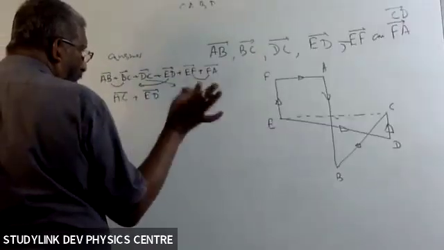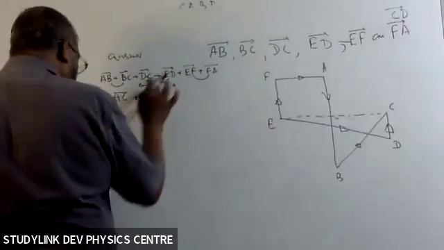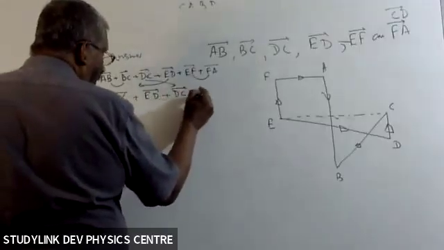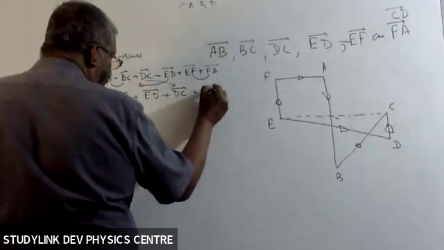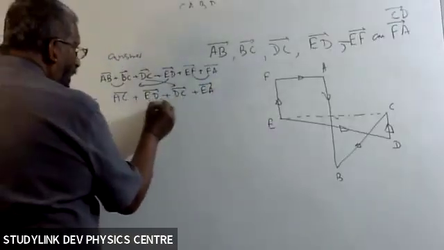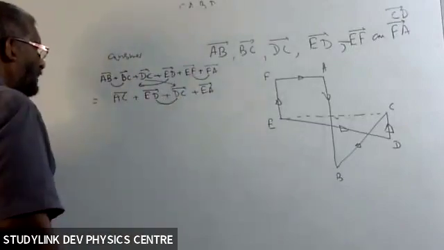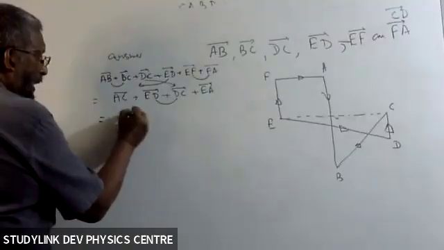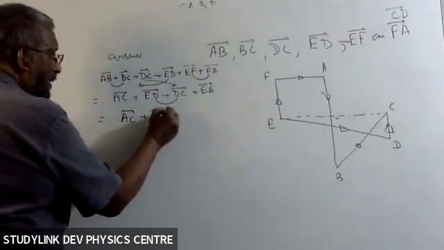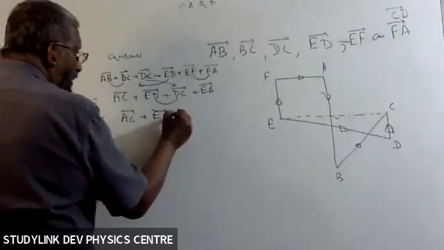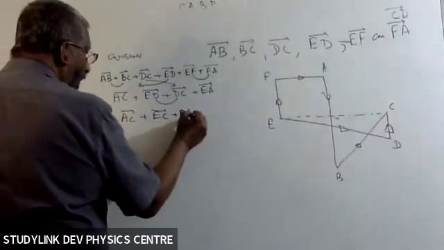Instead of ED, you can't write DE. ED can be written here, DC can be written there. DC plus EA. Then see why I did it. Now D and D is common. It is visible. Then your answer is AC plus EC. Right? D and D common, I dropped it. EC plus EA.